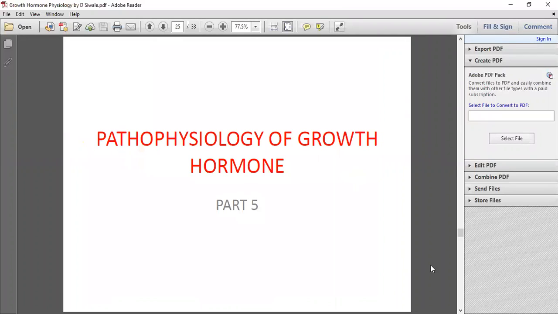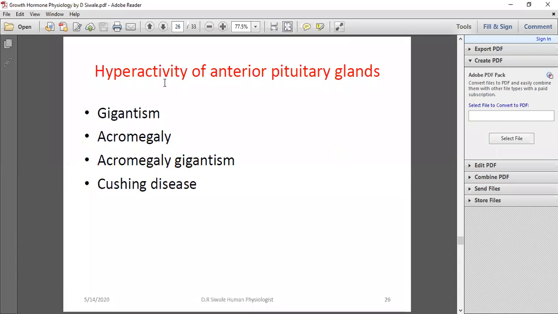So this is just the last part, just to help you get connected to pathology. It's important to know that there are some physiological conditions associated with growth hormone. There are many, but the most common is hyperactivity of the anterior pituitary gland.